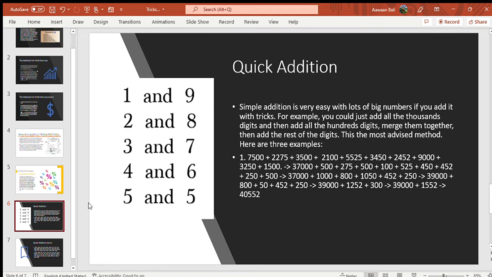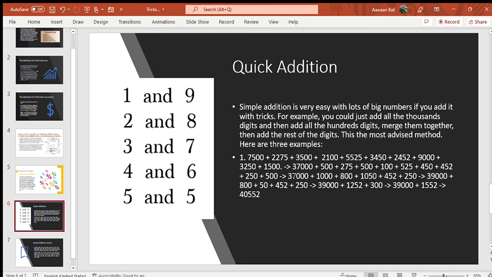So first you can add all the thousands. So 7 plus 2 plus 7 plus 2, 9 plus 3, 12 plus 2, 14 plus 5, 19 plus 3, 22 plus 2, 24 plus 9, 33 plus 3, 36 plus 1, 37. So we have 37,000, and the rest would be all that's left.